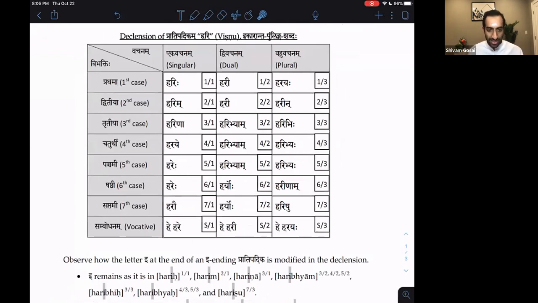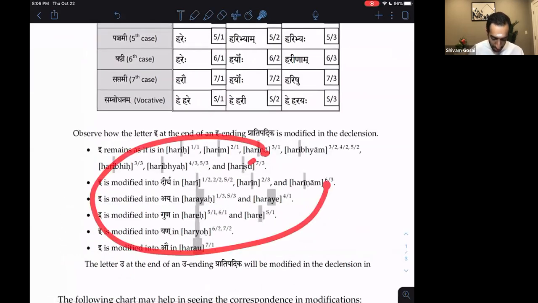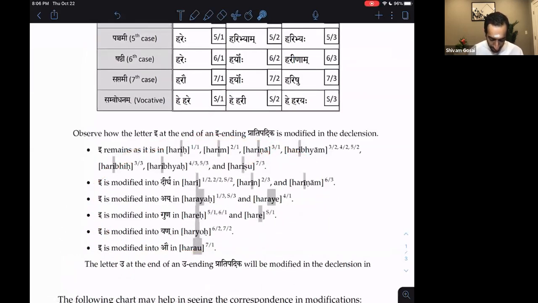Okay, we're going to see some particular characteristics of this in the next class, which are all included here. For example, we get dirga, we get ay from Ayavāyāva, we get guna, we get yan. All of those do come into here. So this does explain why some of the forms come up.